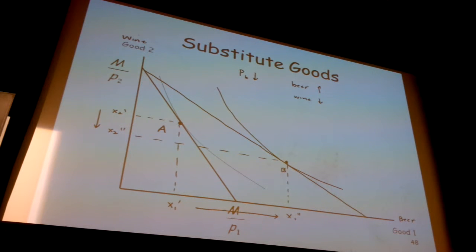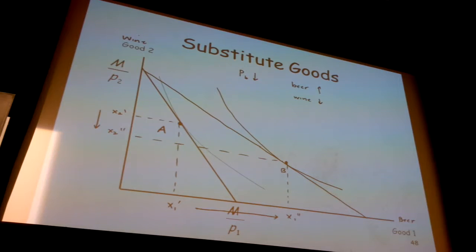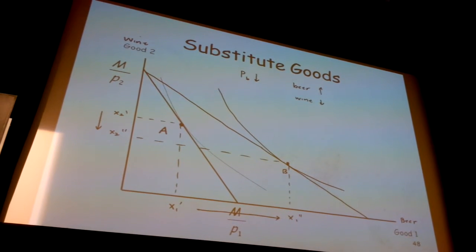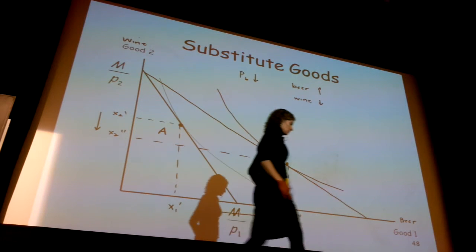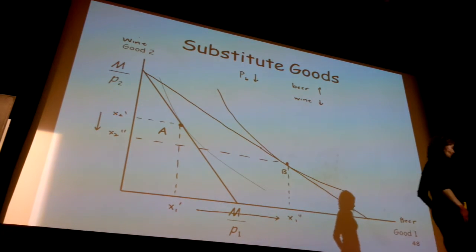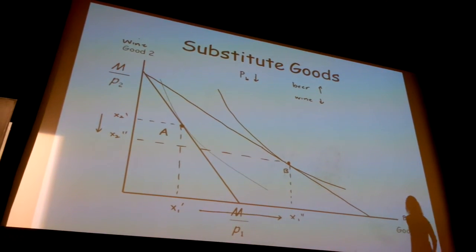So I mean, I guess you could talk about the income effect of an income change, but typically when you talk about the income effect and the substitution effect, you're referring to the price change. Okay, other questions?